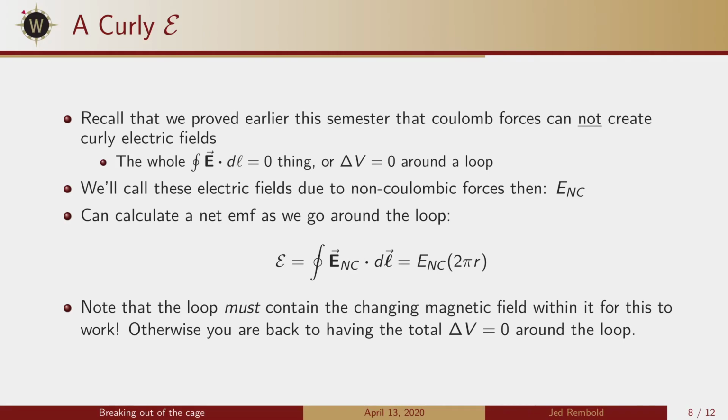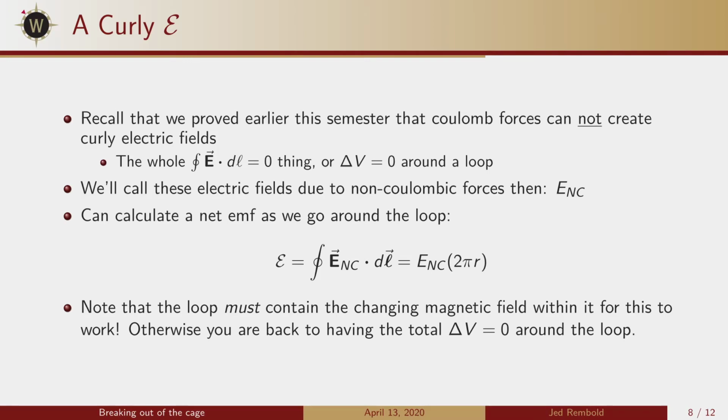As we're looking at them, we could imagine that if we were to integrate around one of these non-Coulombic electric fields, one of these curling electric fields, we're not going to get 0 when we end up back where we started. We're going to get some positive or negative value, depending on which way we went around. And so what does that look like?